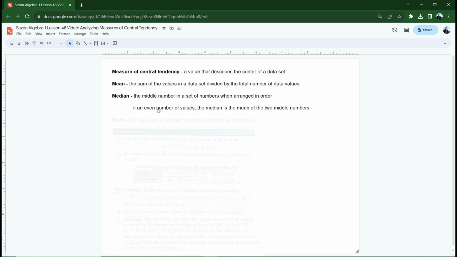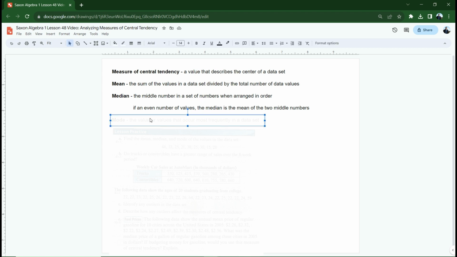So you just add the two up and divide by two. Now, sometimes when finding a median, yes, you do have to calculate a mean. Other times you just count up the number of numbers, find which number is the middle number. In an odd numbered set, as long as you have an odd number of data points, the middle number is just going to be a single number.